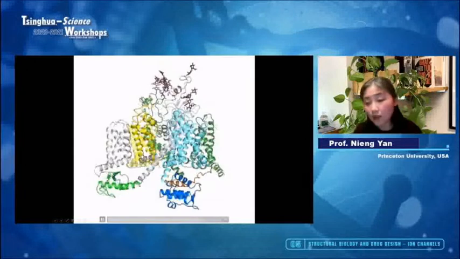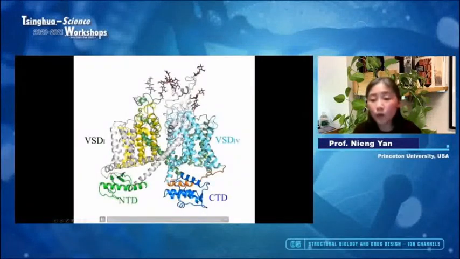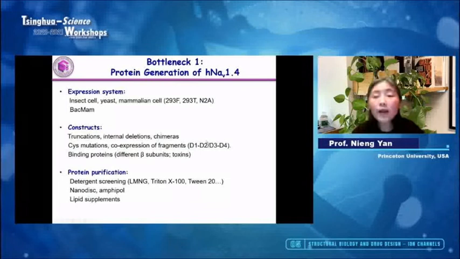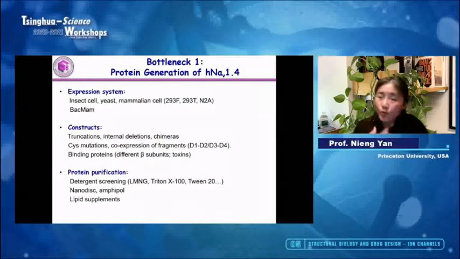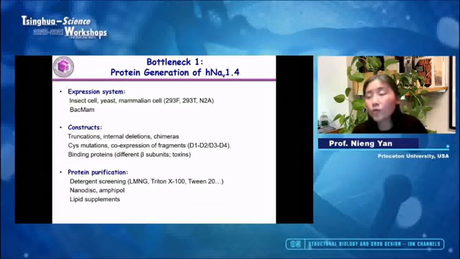On the intracellular side, there are also several domains that I will come back to later. Unfortunately, this channel, from American cockroach, could not be recorded. We could not obtain electrophysiological data, which made it hard to establish the structure and function relationship.